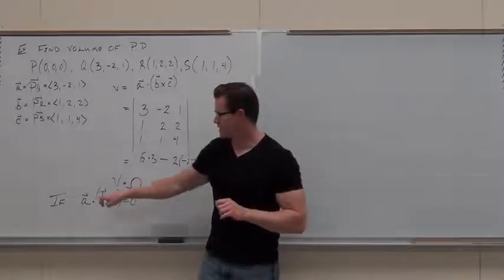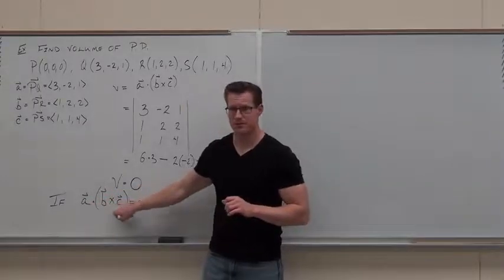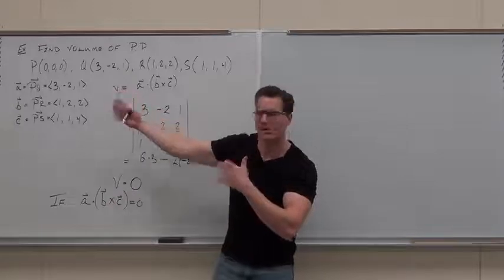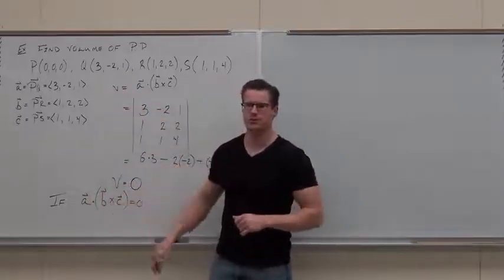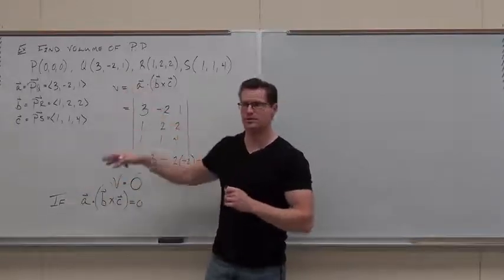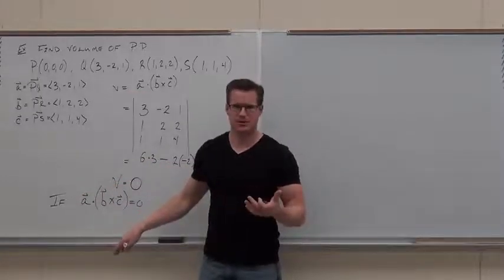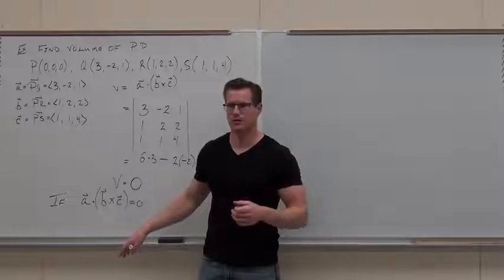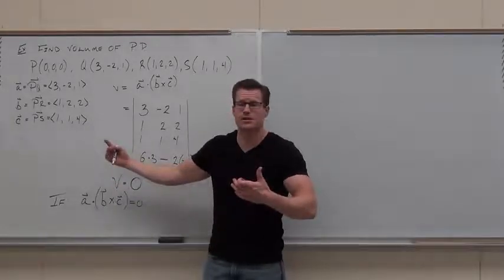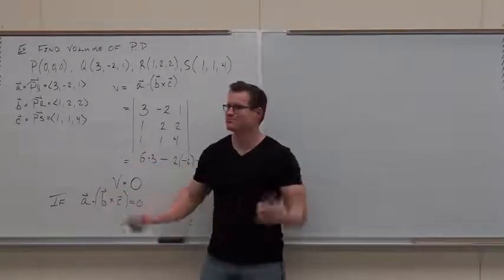It tells you that these 3 vectors, obviously they have the points, right? They have all those. These 3 vectors are coplanar. These vectors are, or all 4 points, either way, these are coplanar. In fact, that's how you test whether vectors are coplanar. You try to find the volume, guys. If you try to find the volume and it's 0, it tells you they're coplanar.